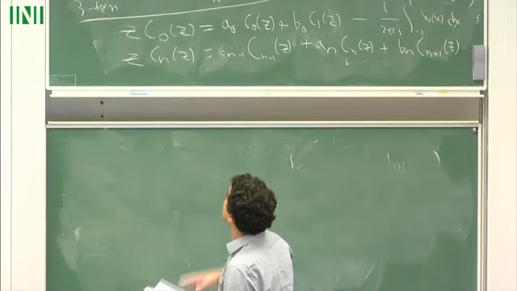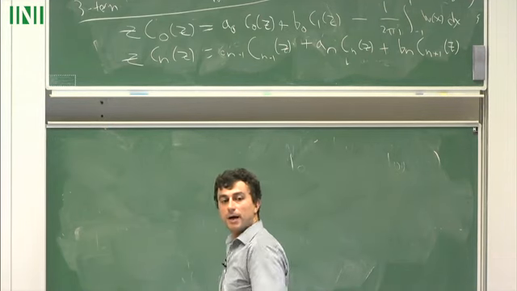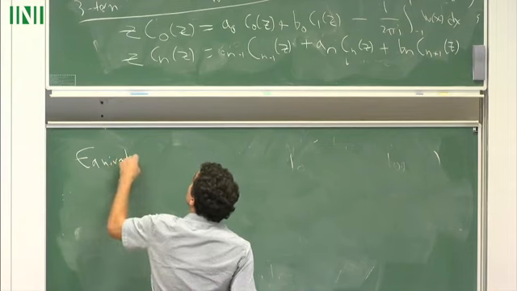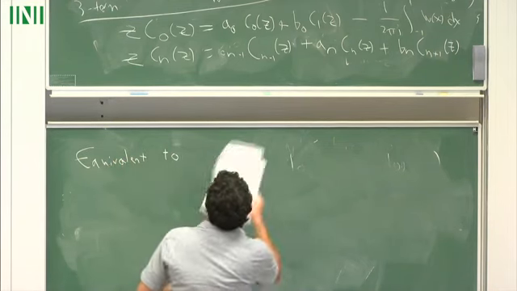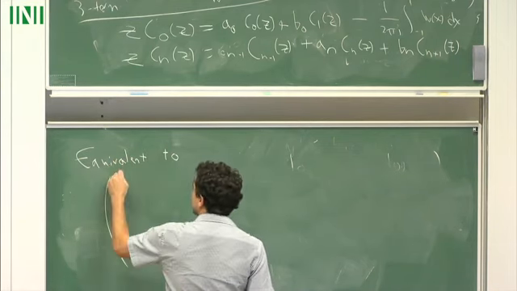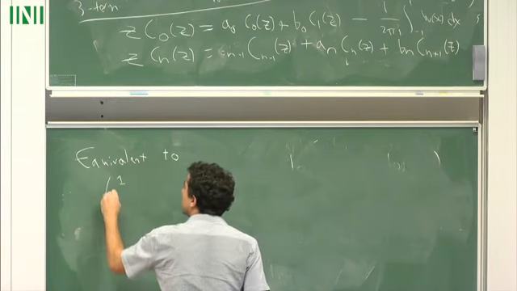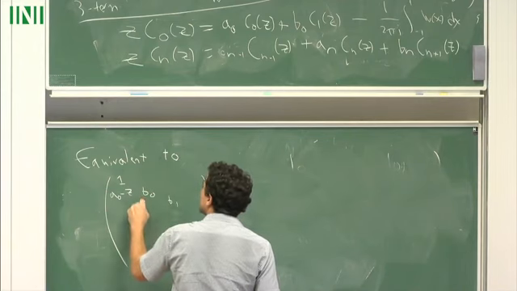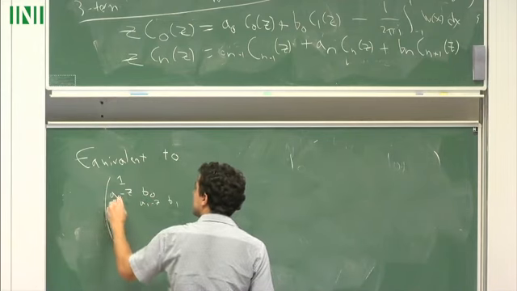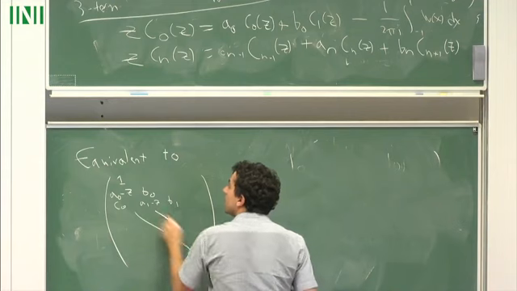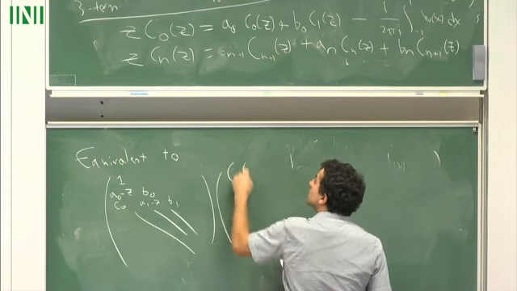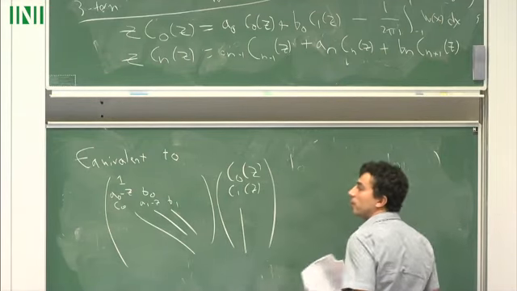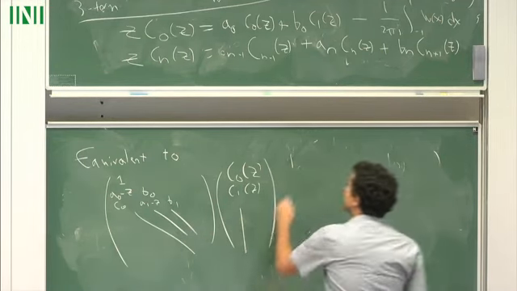All right, so let me just make one last comment in terms of stability. We can write this recurrence relationship essentially as a forward recurrence in the system.